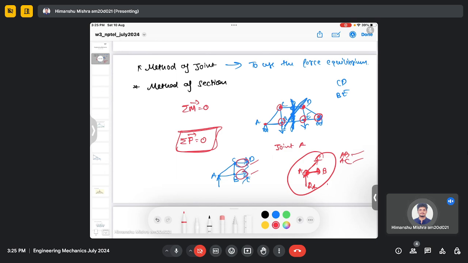So in the method of sections you will mostly be using a combination of these equations to find the unknown forces in the members.